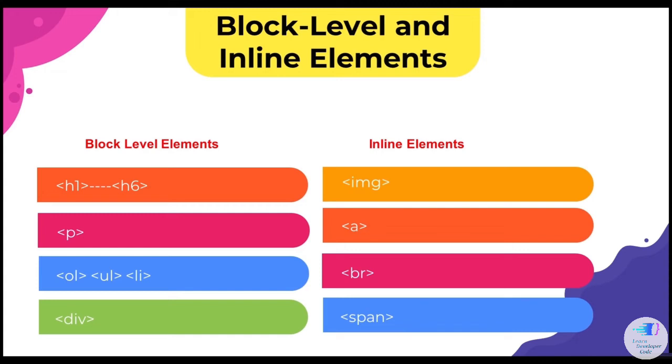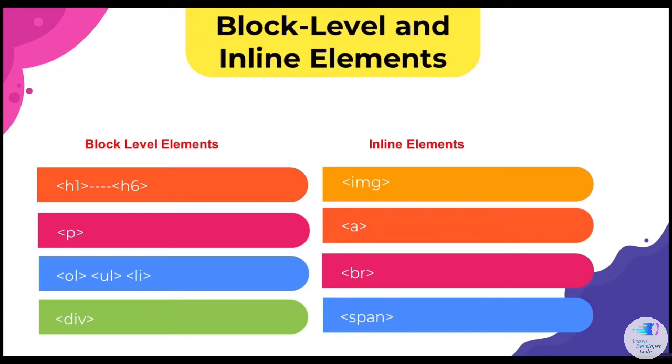So here we see the most used block level and inline elements. So we can say that the most common block elements are header tags, p tag, list tags, and of course, div tags. And we can also say that the most common inline elements are img, a, and span tags.